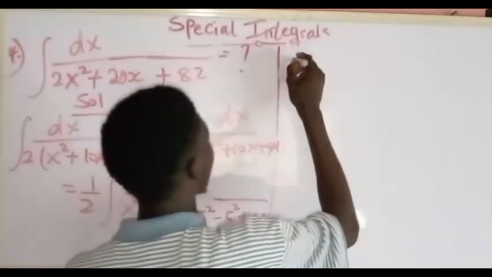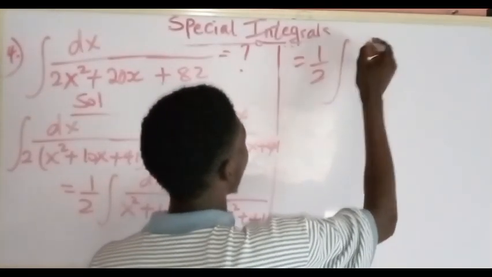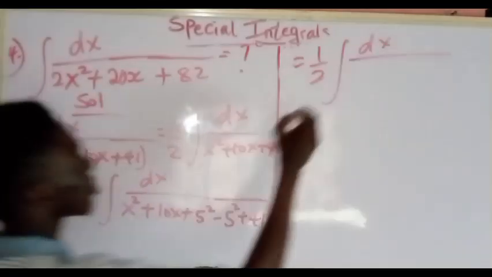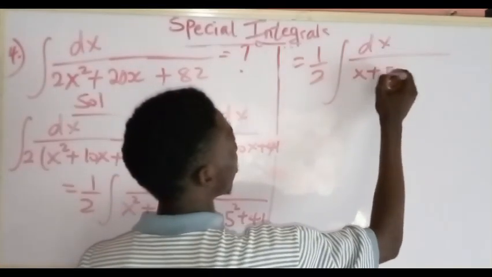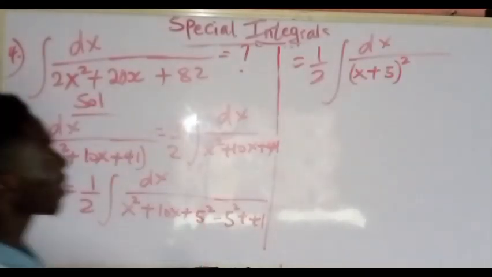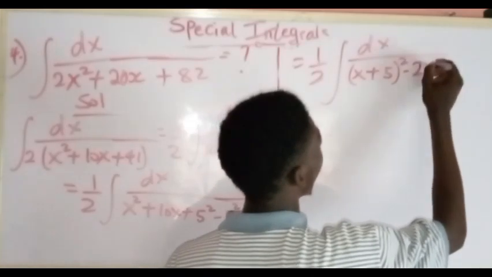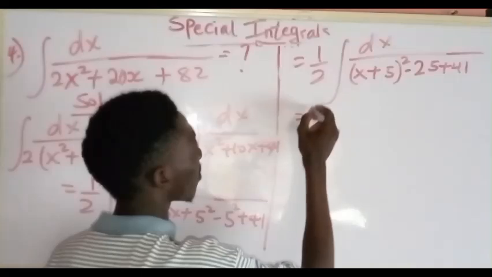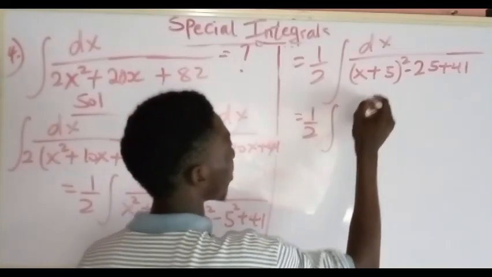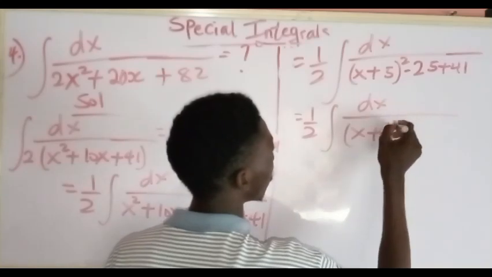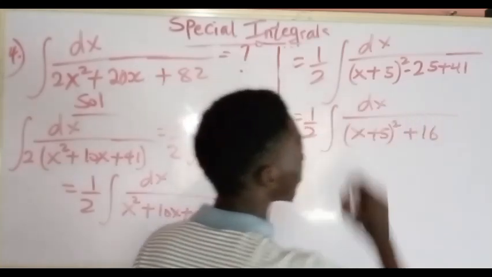You can see that the half of dx, this and this becomes x plus 5 squared, minus 25 plus 41. That becomes one half of the integral of dx over (x plus 5) squared plus 16.